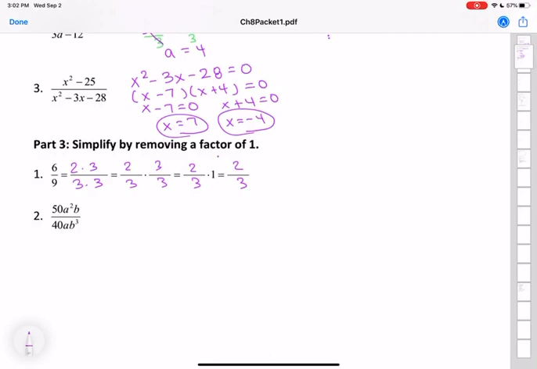So we're trying to remove a factor of 1. The first thing I'm going to do to make it a little easier for us to see is break it apart. I'm going to write it as 50 over 40 times a squared over a times b over b cubed.